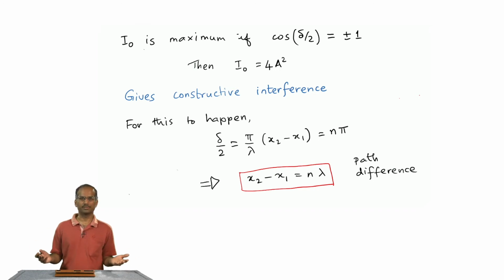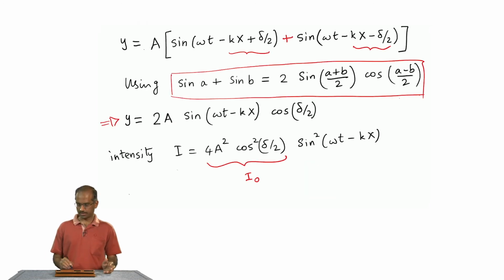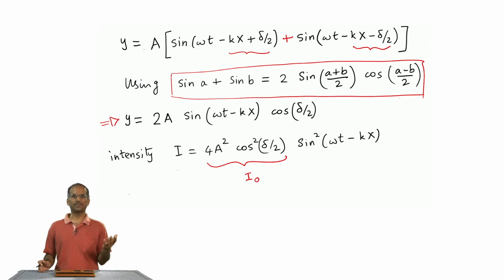So, it is going to be an oscillatory function, and I0 will be maximum if cos delta by 2 is plus or minus 1. That is the maximum value that a cosine function can take. The maximum value a cos function can take is plus 1, the minimum value it can take is minus 1, and since we are considering the square of the cos function, the maximum value it can take is plus 1.